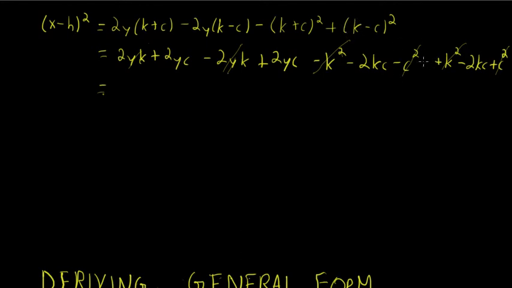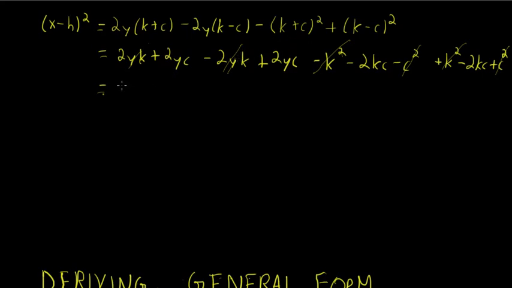Positive k squared, minus 2kc, and c squared. You notice I've drawn slashes through it to cancel out terms that cancel. So you have a plus c squared and a minus c squared, those cancel. You have a plus k squared and a minus k squared, those cancel. We have a plus 2yk and a minus 2yk, those cancel.